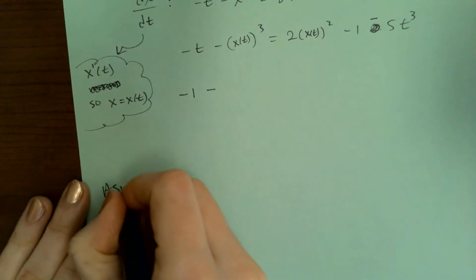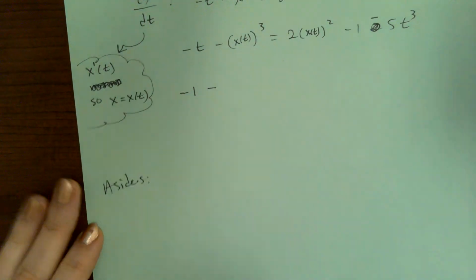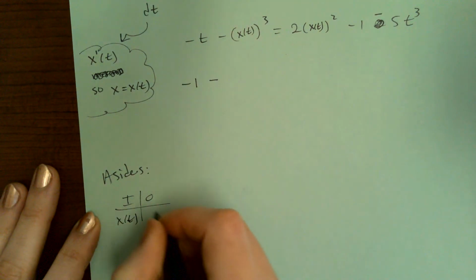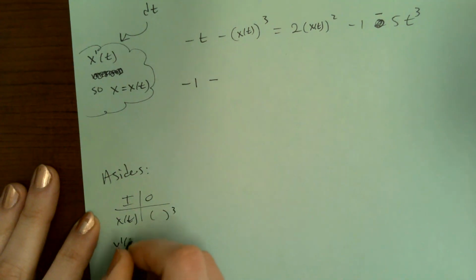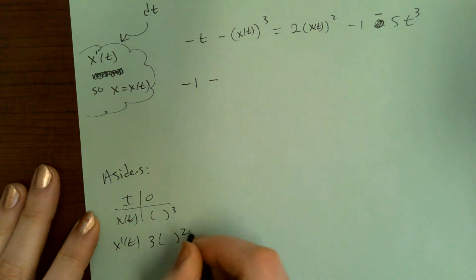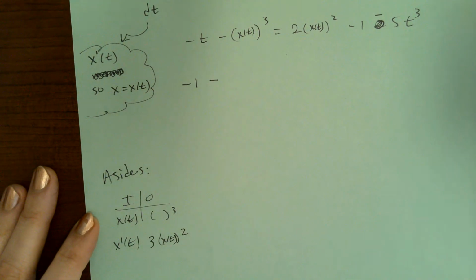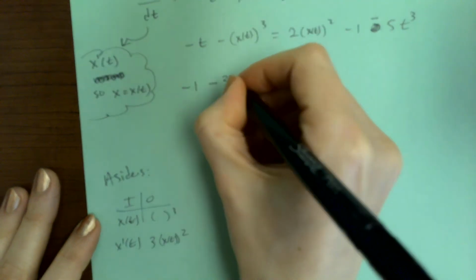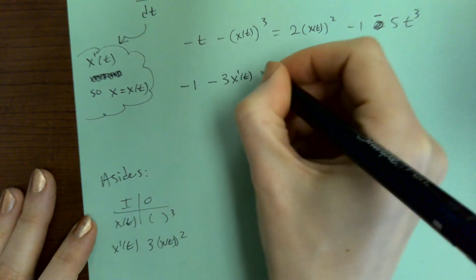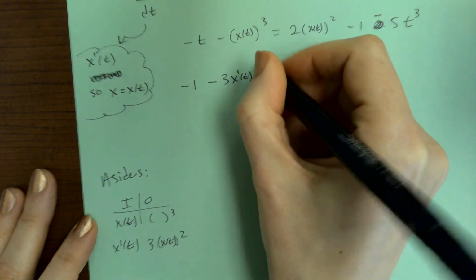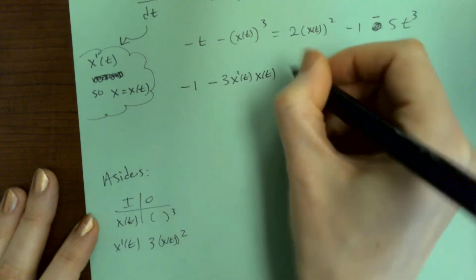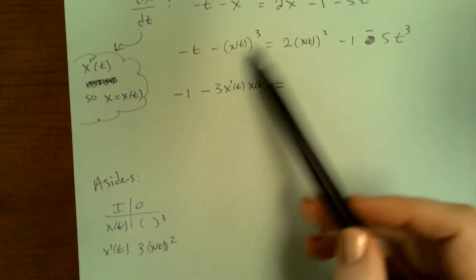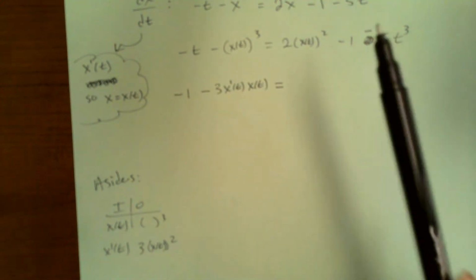So let me do some asides. x of t, blank to the third. So x prime of t, 3 blank squared, x of t goes back in. All right, so the derivative of this term here is 3 x prime of t, x of t squared. Okay, so we needed to use chain rule on that.